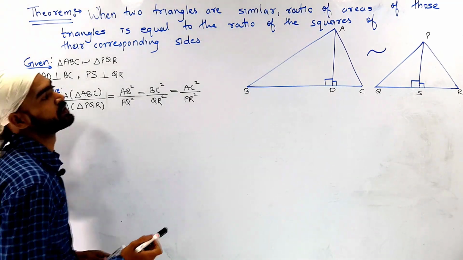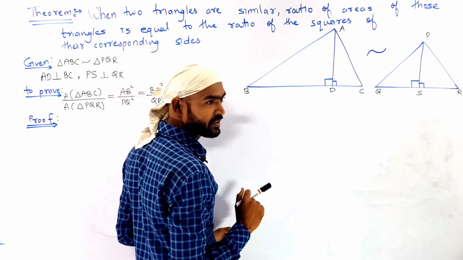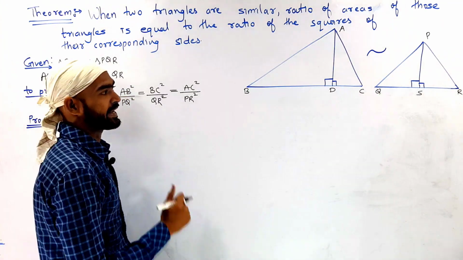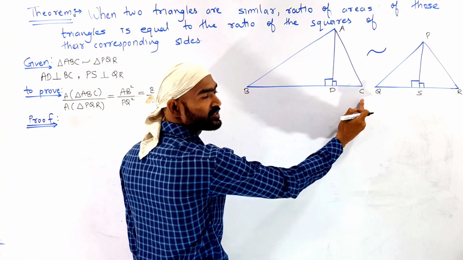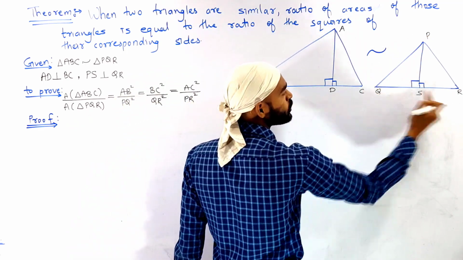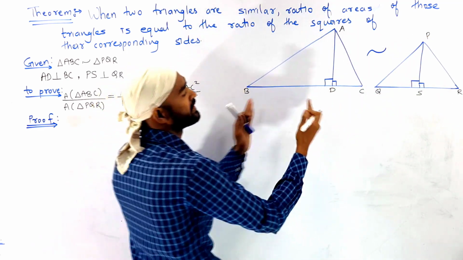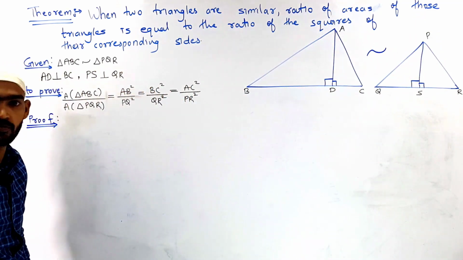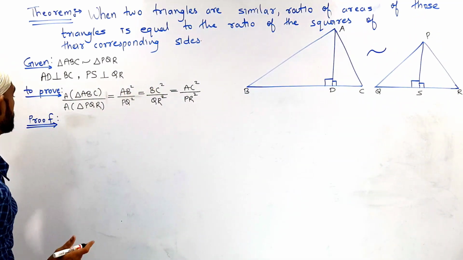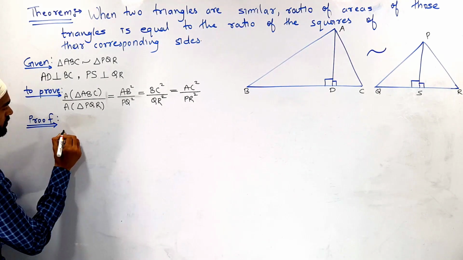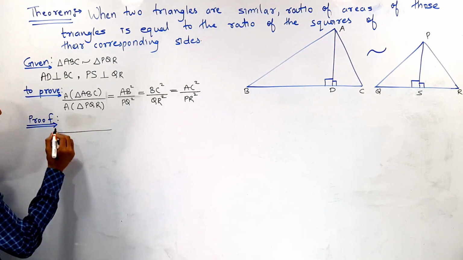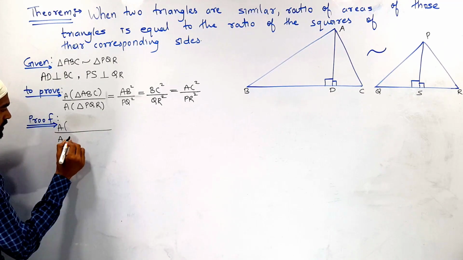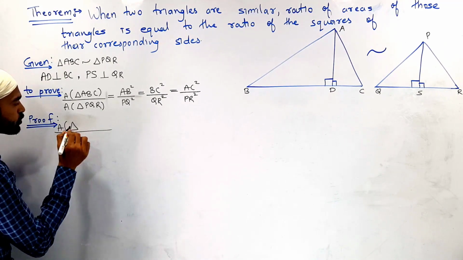Proof. First we'll select the triangles. We can see two triangles, triangle ABC and another triangle PQR. Both the triangles have different bases and different heights. So let us start. First we'll write the ratio of areas of two triangles.